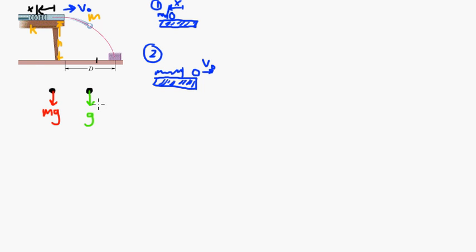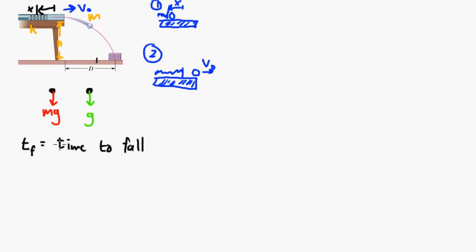Whatever horizontal velocity the ball starts off with, it keeps. So if I call t sub f the time of flight, or maybe the time to fall, that's the time it takes the ball to fall, and it does not depend on the initial velocity coming off.